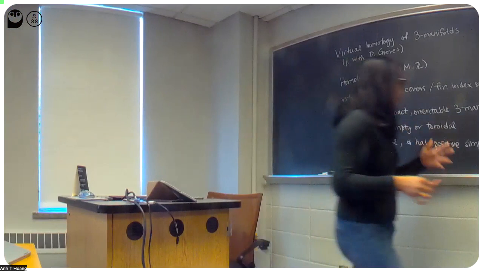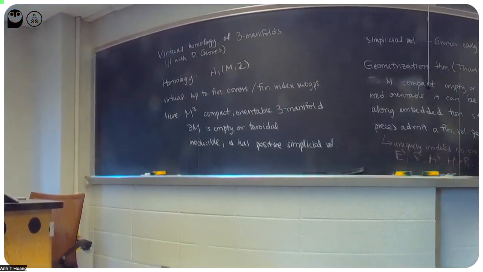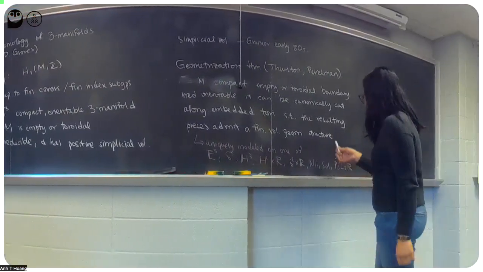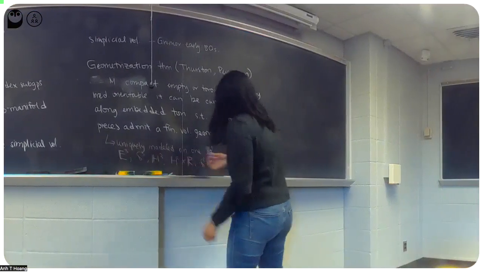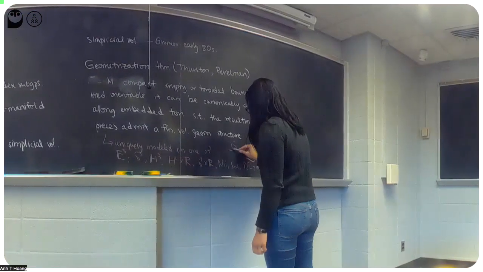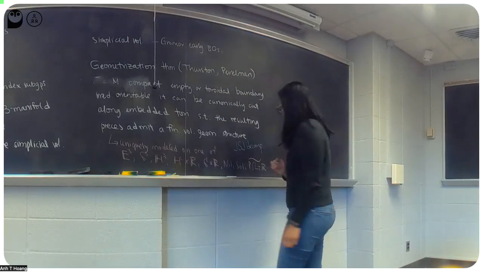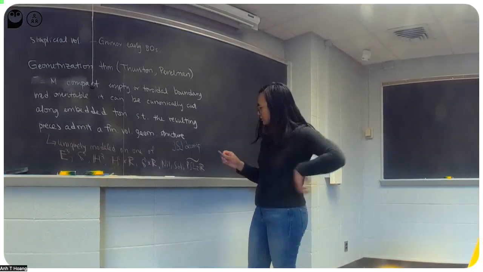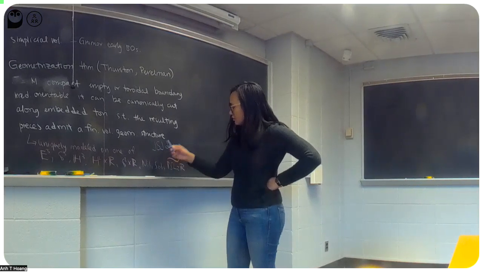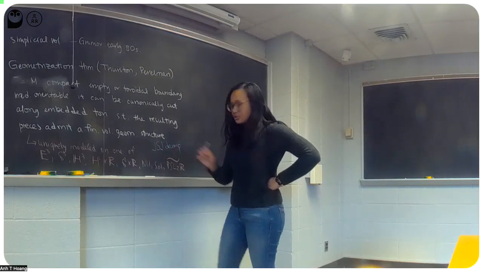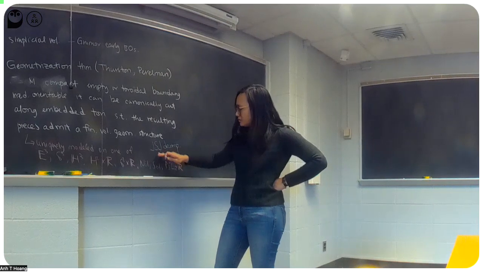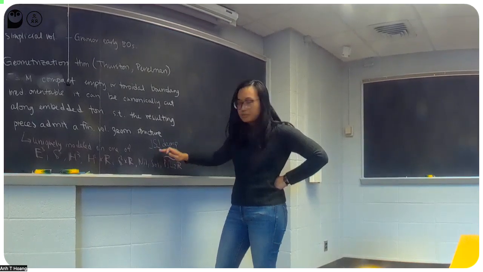Okay, and this decomposition, like I said, is canonical. This is called the JSJ decomposition. J stands for Jaco, Shalen, and Johannson, and it's not alphabetical because Jaco and Shalen did it independently from this one.